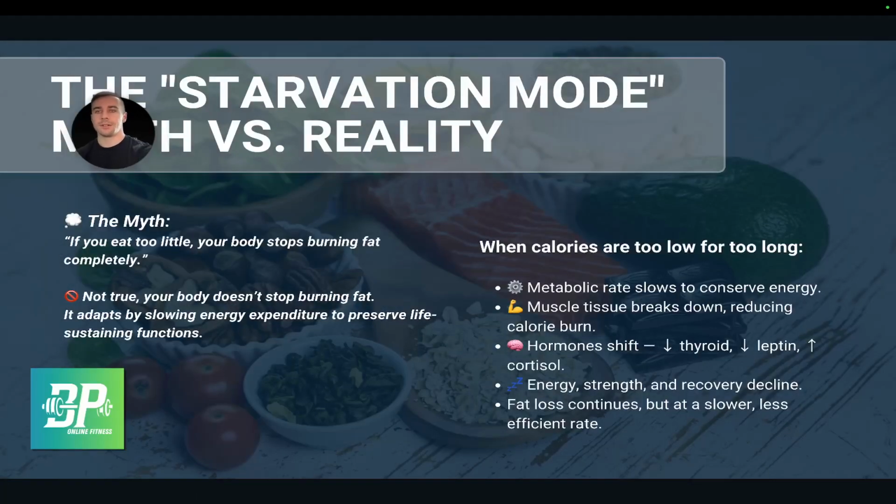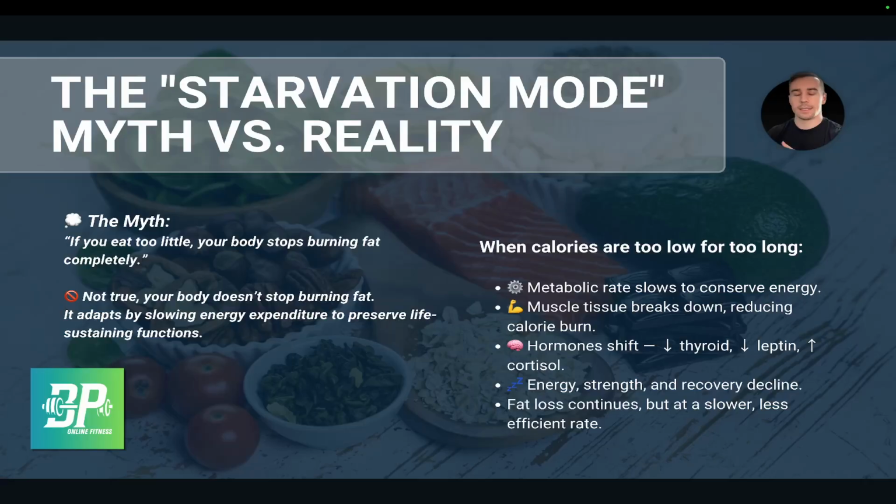This goes into the next point that I want to mention, and I think a lot of people really rely on this. They really think that when it comes to fat loss and weight loss, calorie restriction, like completely not eating, is how you lose weight.